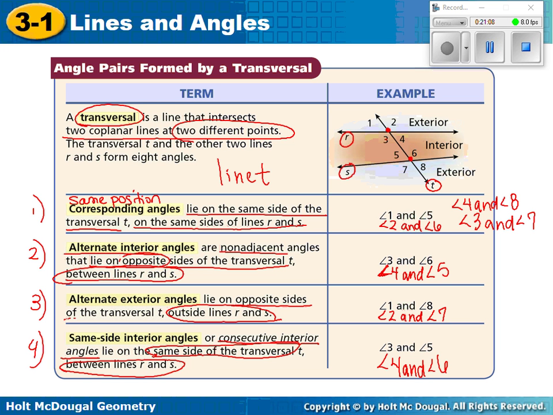And then you're going to add same side exterior to your notes. They can also be called consecutive exterior angles.